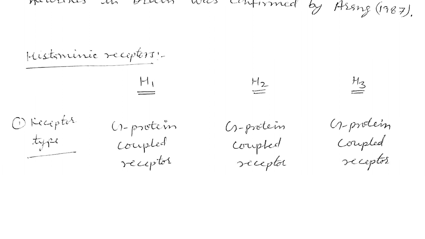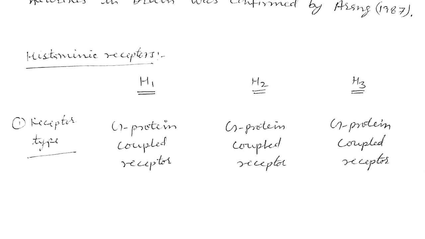Now we are discussing in detail these histamine receptors, which are classified in three categories: H1, H2, and H3 receptors. As we know, receptors are protein in nature, and a number of receptors are present in our body.